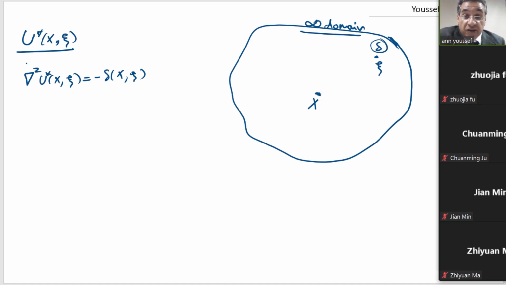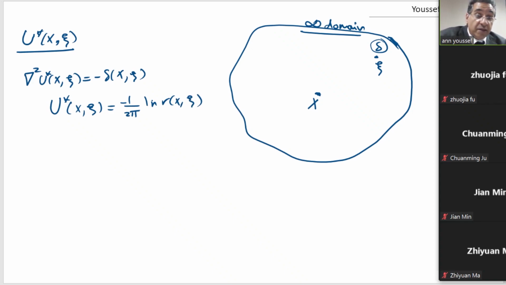There are several ways, and I am going to give a lecture on how to compute the fundamental solution. You can use Fourier transform; it's very easy to compute on Mathematica. It will give you minus 1 over 2 pi ln r between x and xi.